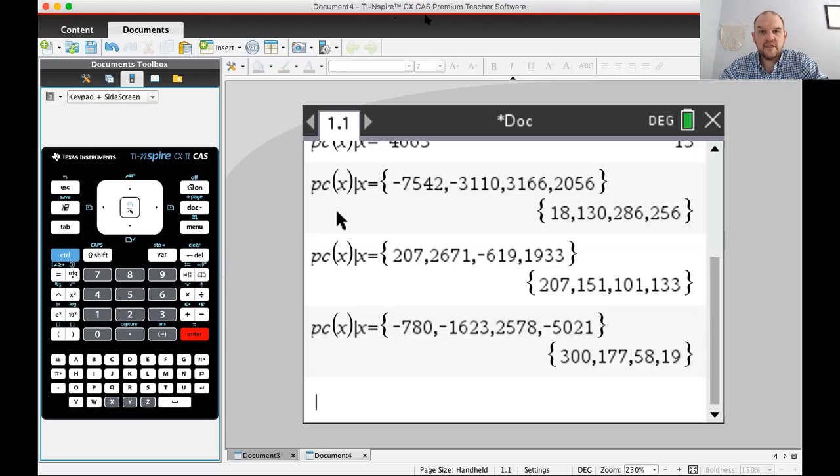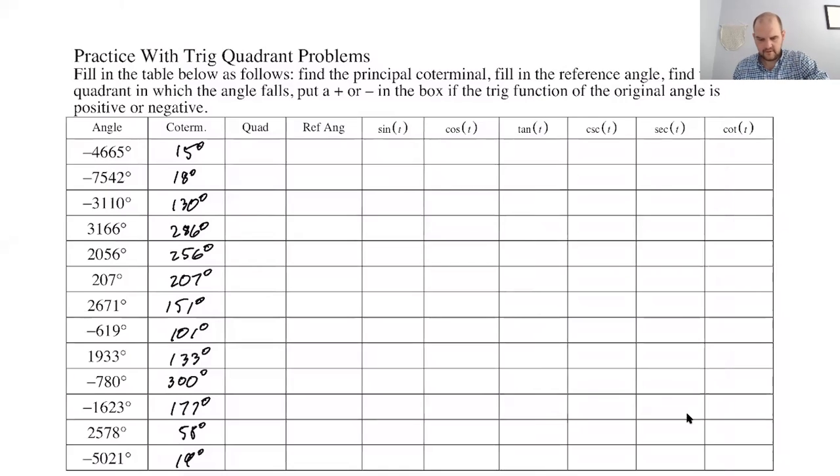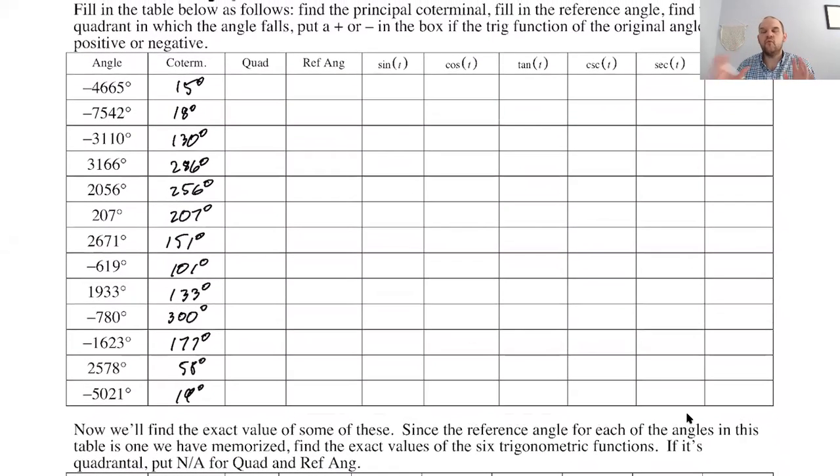Okay, let's go back to the notes and see what we can do from here. I've got to share the iPad again. Here we go. All right, so the quadrant I'm going to base on where the coterminal angle is.